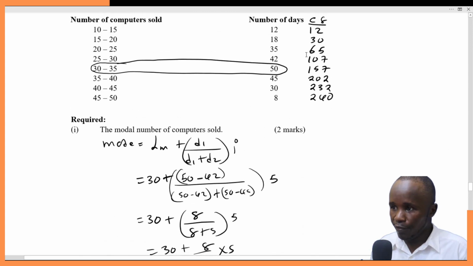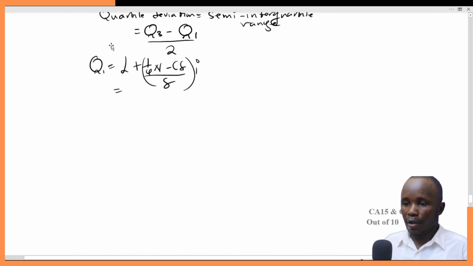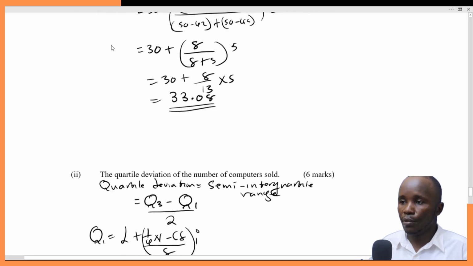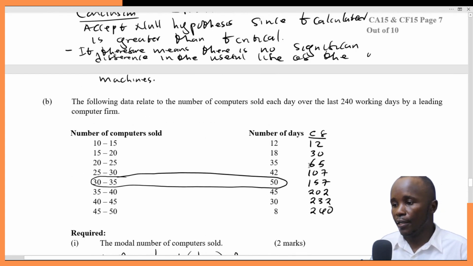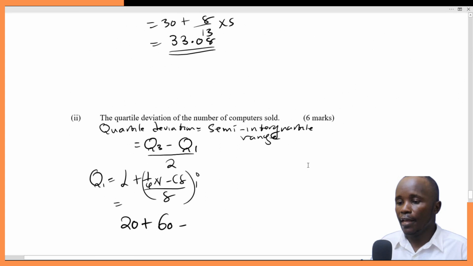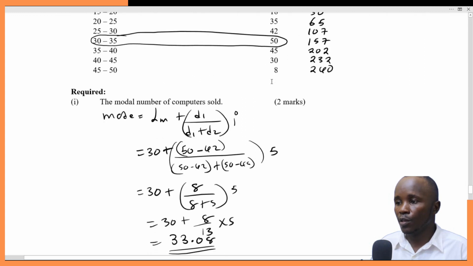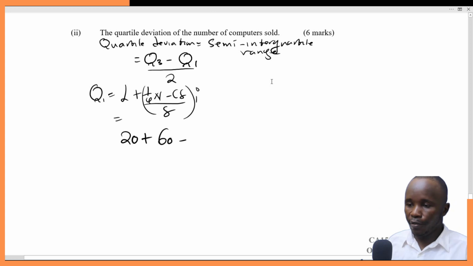So I come to cumulative frequency. Where is 60? 60 is here. What is the lower class limit in this class? It is 20. So I come here and put my 20 plus 60 minus cumulative frequency before. Come to the table. Cumulative frequency before is 30, and then the frequency of that class is 35.